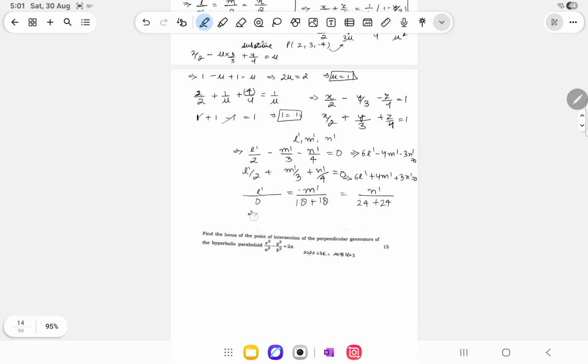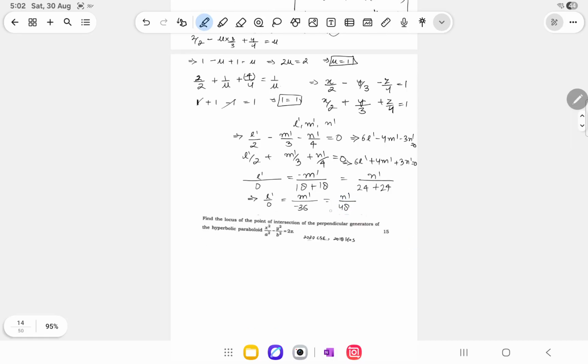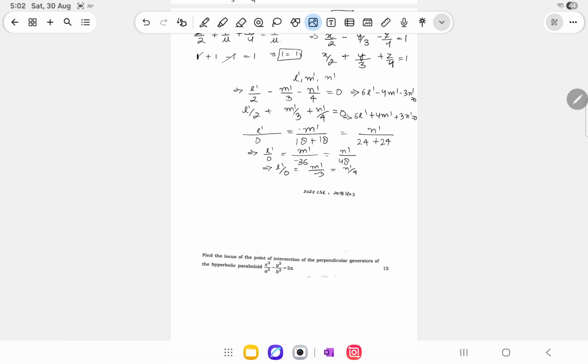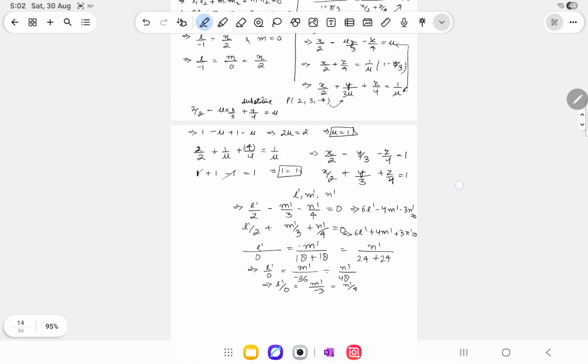On simplifying I get l dash by 0 equals m dash upon minus 36 equals n dash upon 48, and I can divide throughout by 12, so l dash is 0, m dash is minus 3 and n dash is 4. So I got the direction cosines of the two generator lines.